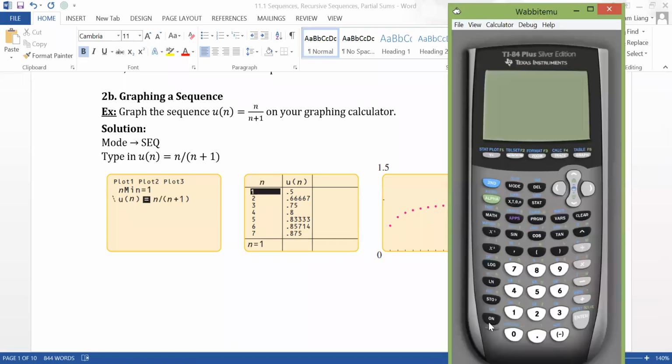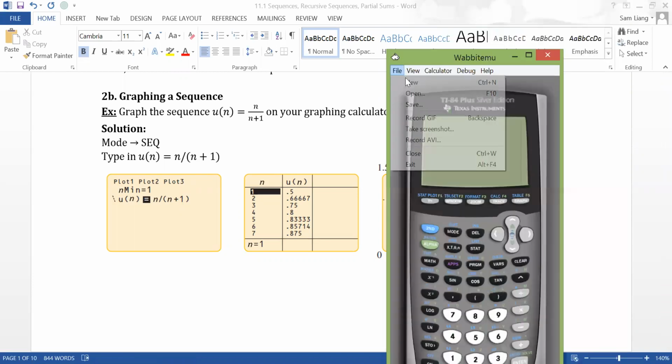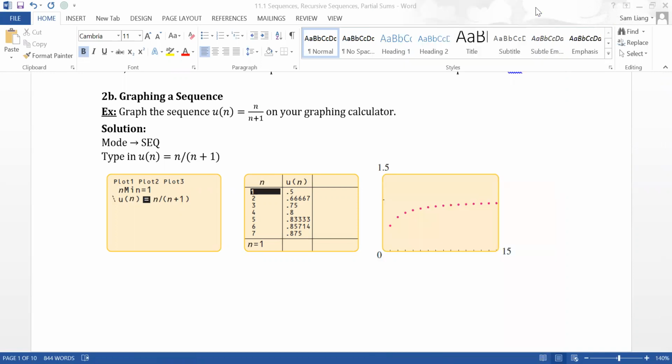All right, hopefully this turns on. Oh, okay. All right. Sorry. I think it was lagging a bit. All right. There we go. Should work now.